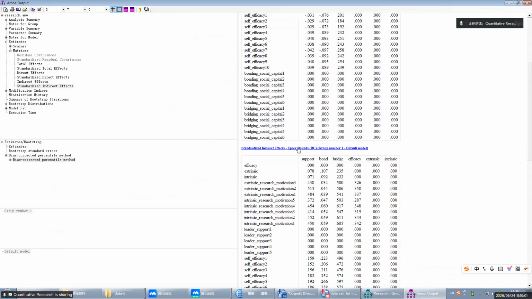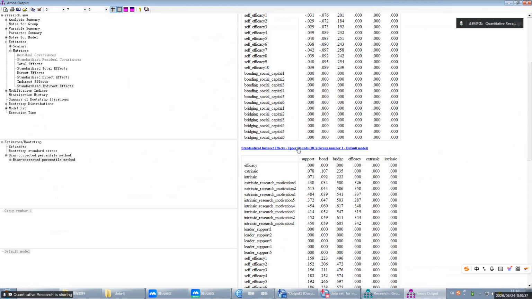When the 95% confidence interval does not contain 0, the mediation is significant. If it does not contain 0, it's significant.